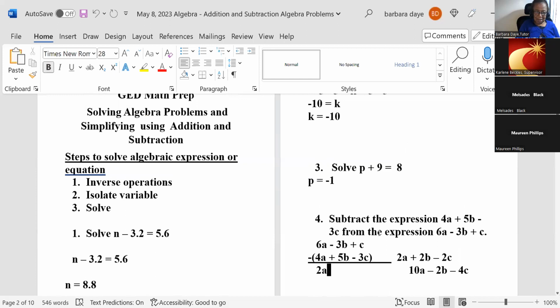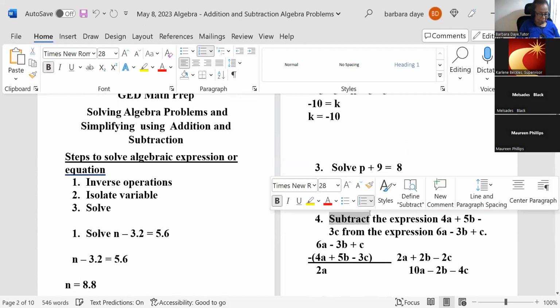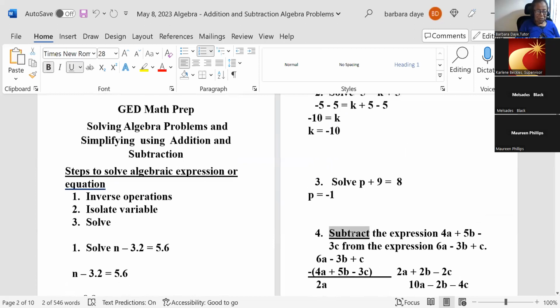Because I see a plus in front of the 4A and a plus at 6A, but you see a negative for the operation, so that makes this a negative. So a 6A and a negative 4A is a subtraction. 4 from 6 is 2. The 6 having the greater absolute value, and it's a plus. So the 2A that Maureen has is correct.